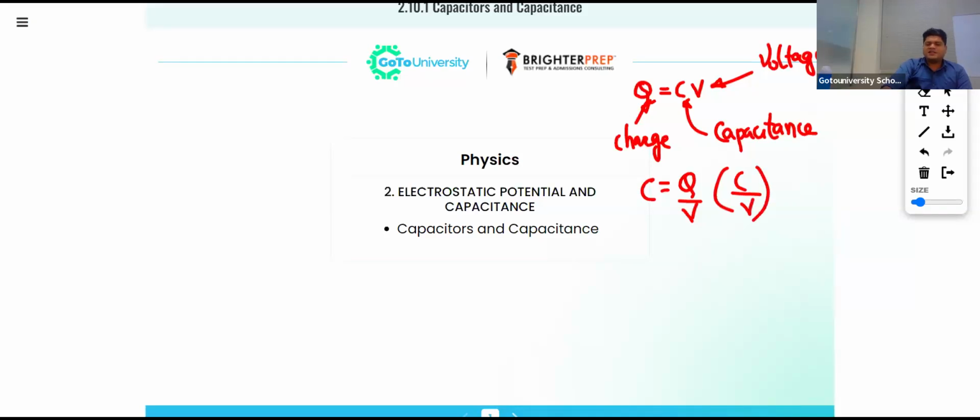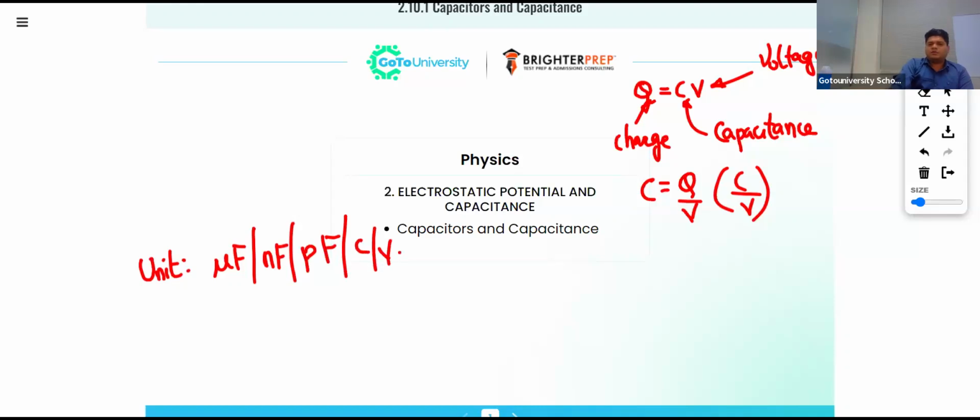What is C? C is our coulomb. What is V? V is our voltage. So now the unit will be what? Your unit will be microfarad, nanofarad, picofarad, or coulomb per volt. Okay, once more. What are the units?